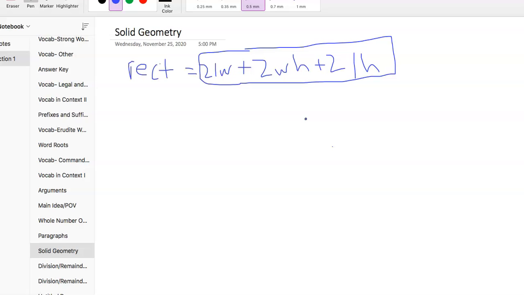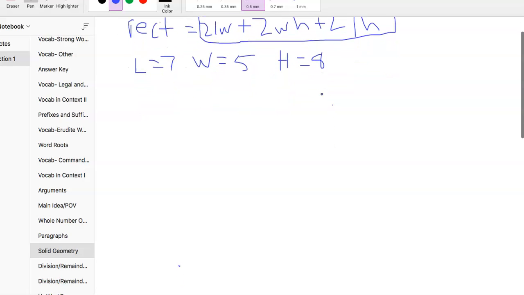Okay, and then we got to go and plug it in. So our question is, what is the surface area of a rectangular solid with length 7, width 5, and height 8? Okay, and then we're just going to plug these guys in.